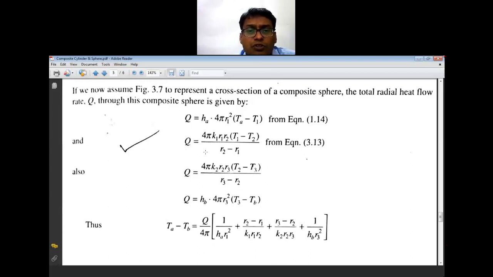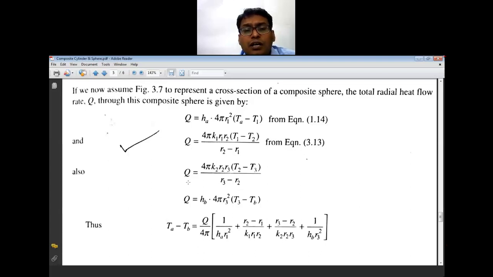The second is the conductive resistance because of the first sphere, so 4 pi K1 into R1 R2 into the temperature difference between the inner and outer surface upon the difference in the radius.